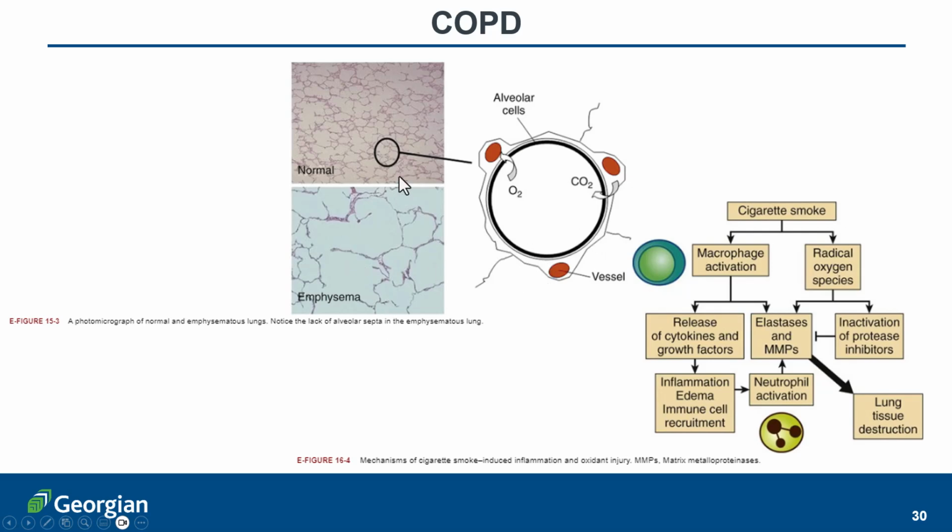Let's take a step back and try to explain what causes the destruction of these alveoli walls in emphysema, for example. So the main etiology for COPD is, yes, cigarette smoke, and that in turn causes activation of the immune system, because there are thousands of nasty chemicals in cigarette smoke, most of which have not been identified. That causes activation of the immune system, especially of the macrophages, resulting in inflammation.